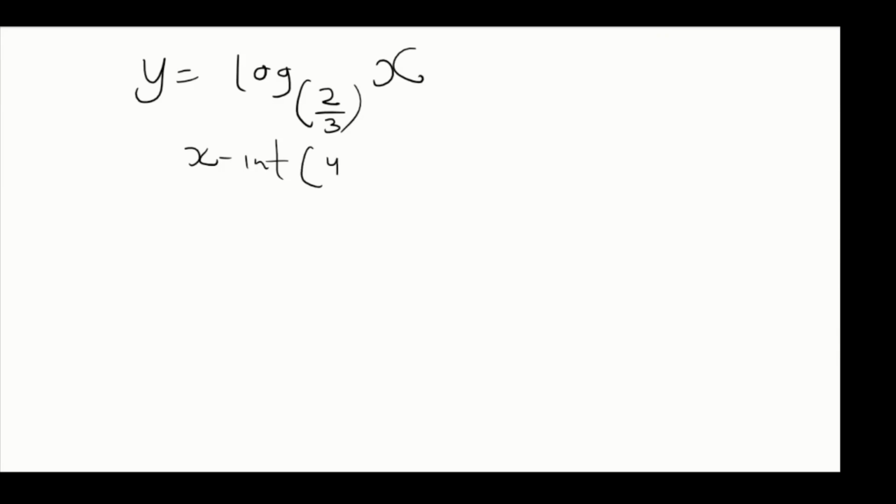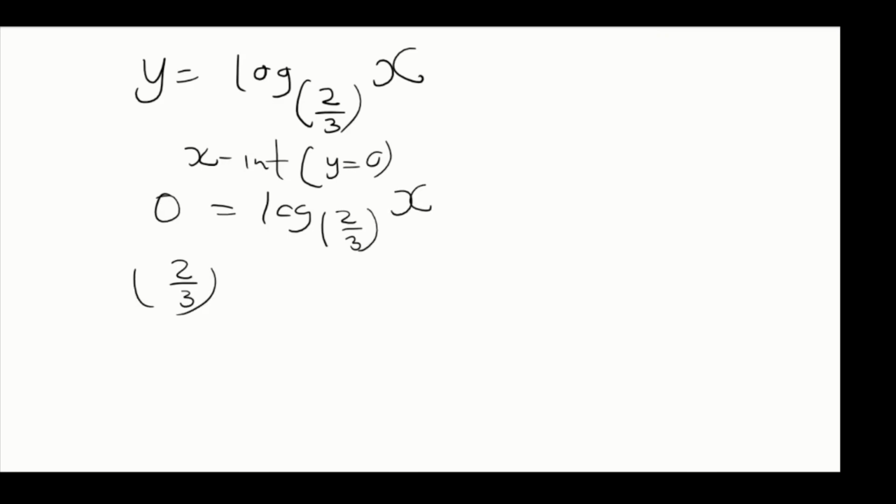So the x-intercept is when y equals 0, so 0 equals log base 2/3 of x, meaning that (2/3) to the power of 0 is equal to x. So therefore our x equals 1. So when y is 0, x is 1. So this is the first point, the x-intercept.